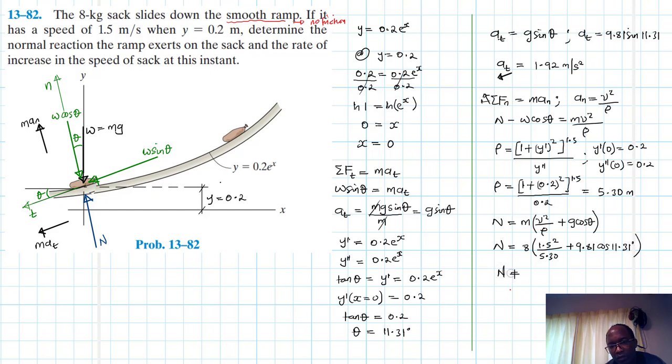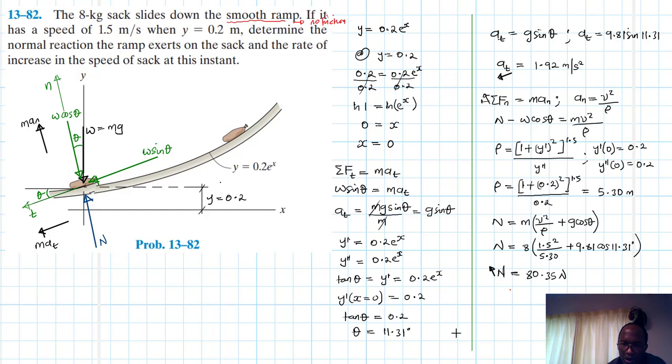Then N itself will just be equal to 1.5 squared divided by 5.3 plus 9.81 cos 11.31, and everything times 8. So N becomes 80.35 newtons, and this is going in that direction like so.